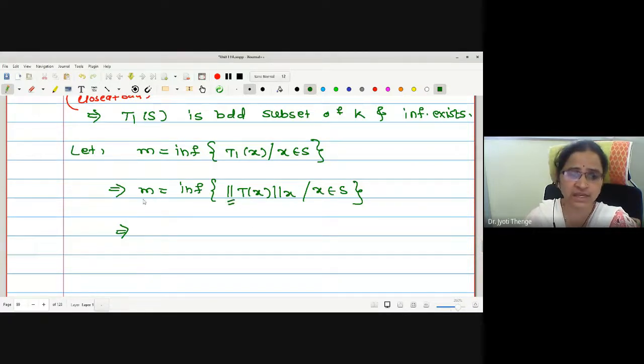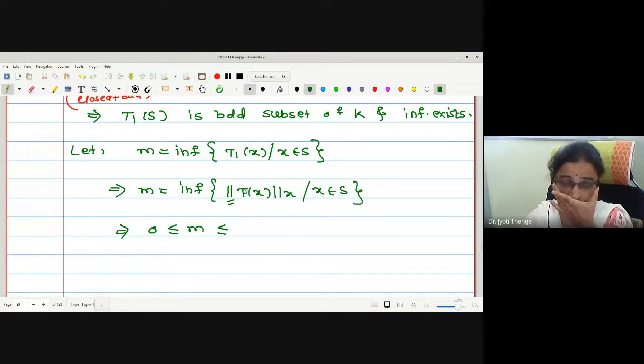Therefore, may I say this infima is also non-negative? This is a set with non-negative elements. Therefore, what about infima? May I say infima is non-negative? And if I remove the infima, what is the relation between an arbitrary element and the infima?